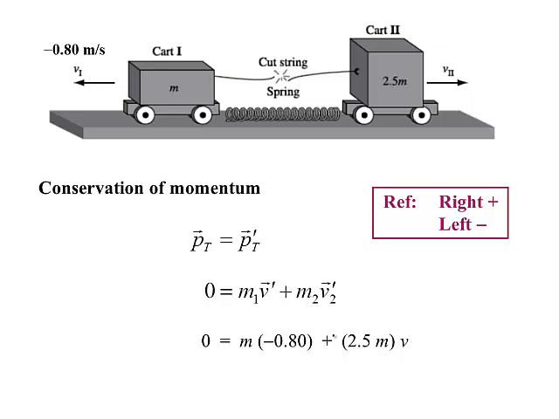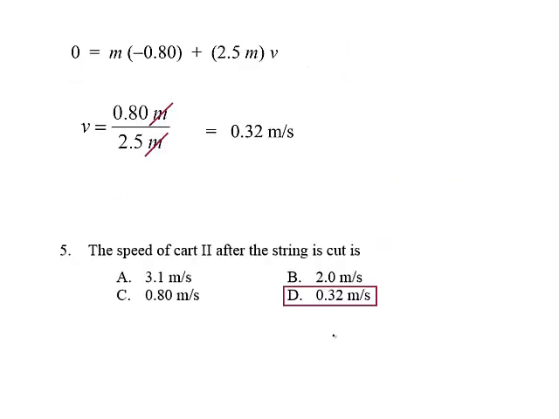Notice the mass of 1 is given as m, and the mass of 2 is given as 2.5 m. So when you solve for the velocity of cart 2, we notice that the m's cancel. We get an answer of 0.32 meters per second, and that means the answer is D.